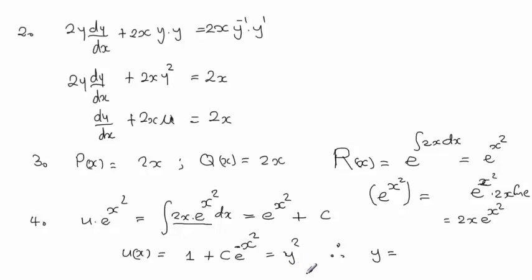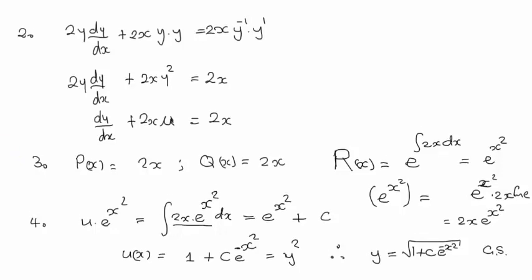Sorry for that mistake. So then here we're going to have y equal to the square root of 1 plus c e to the power minus x squared. That will be our general solution.